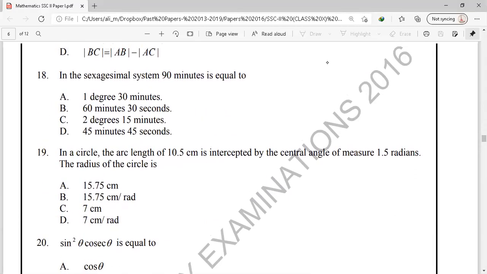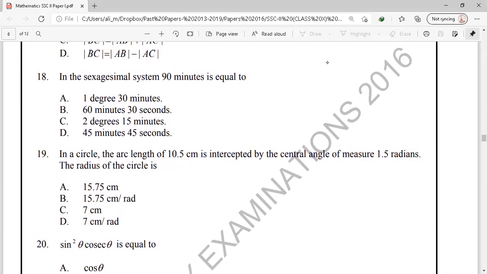So next we have question number 18, and we have to convert this system into degrees and minutes. We have 90 minutes, and let's split it into 60 minutes and 30 minutes.